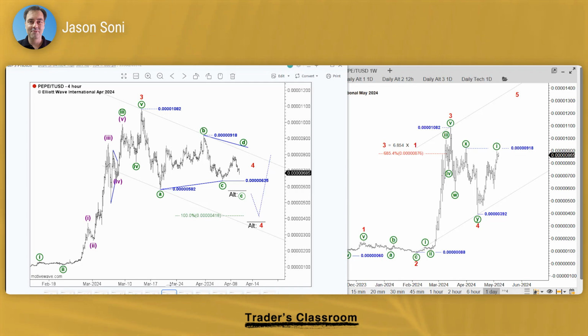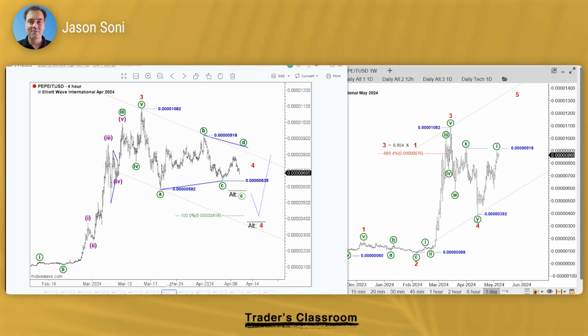So a lot of the time, particularly in corrections, I'll have an alternate count running side by side with my preferred count. The reason being is that I want to react straight away and make adjustments to the overall bigger picture idea.